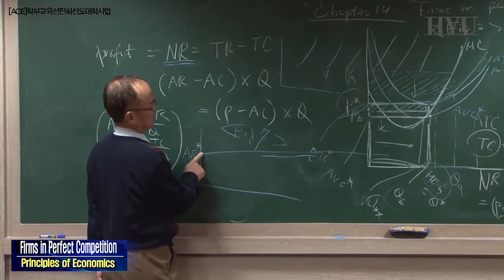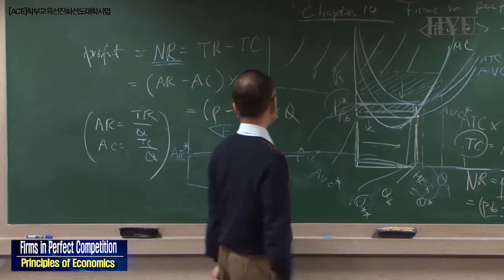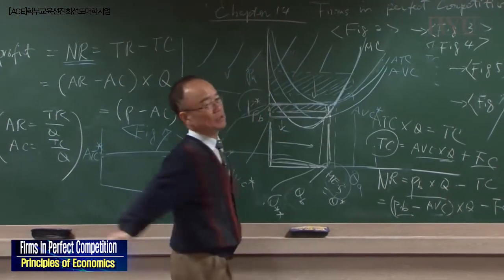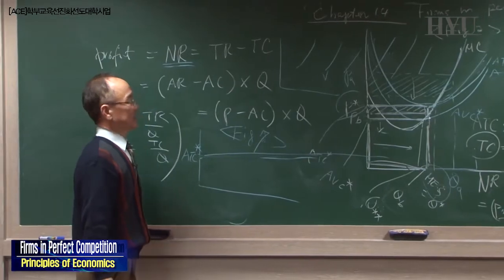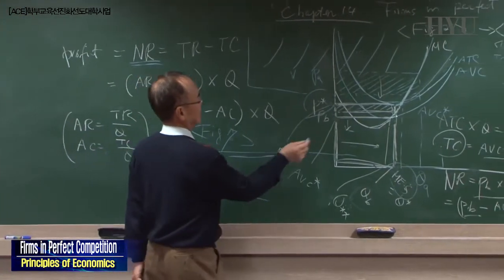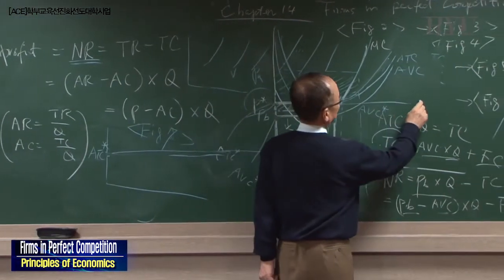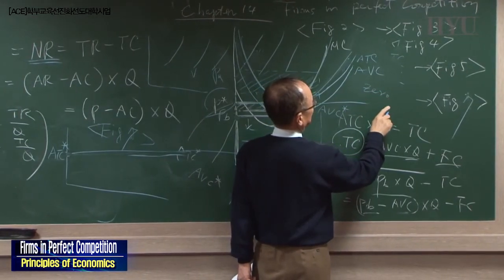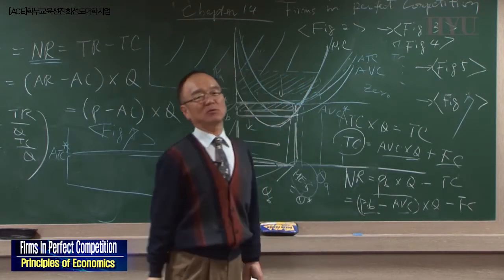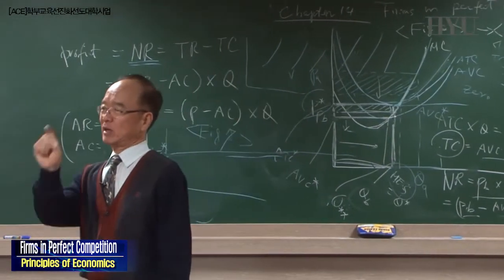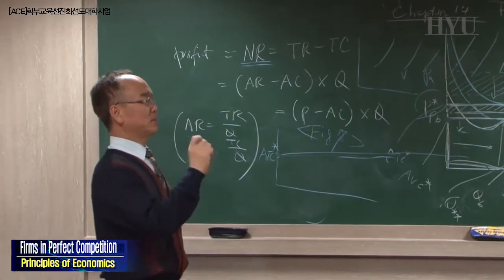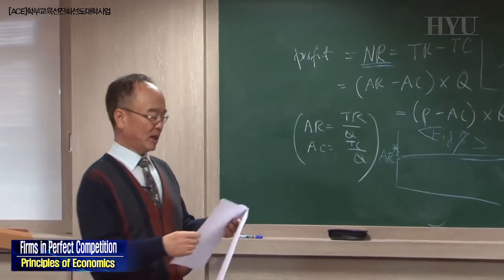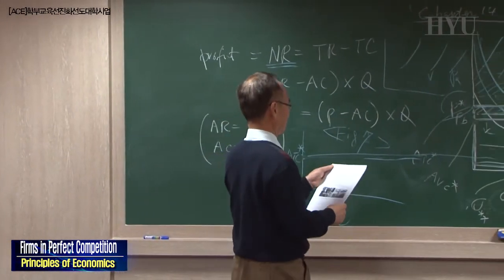As long as firms can produce here, firms keep entering the marketplace. This is the point: zero profit means zero economic profit, which means normal profit. Normal profit over time means the profit just enough to compensate for the opportunity cost of equity capital. That's normal profit.